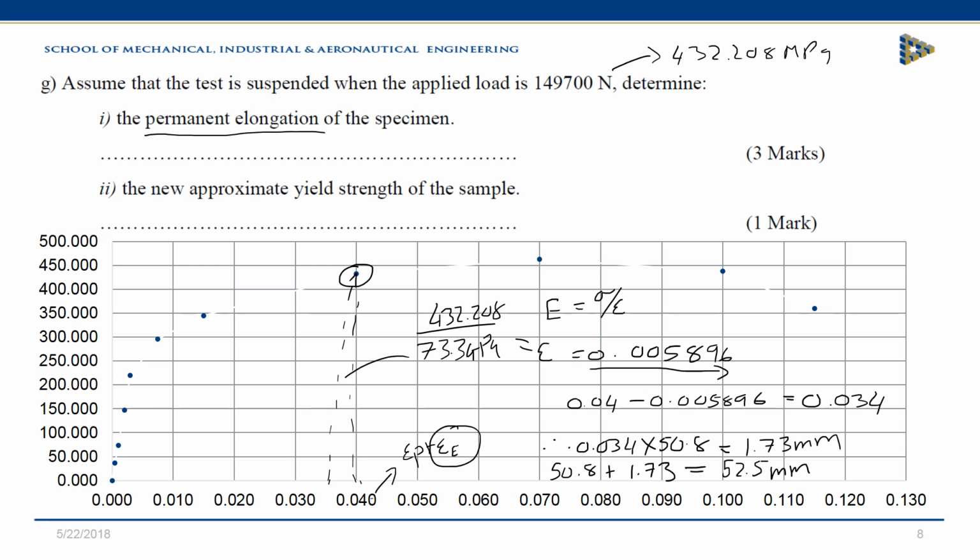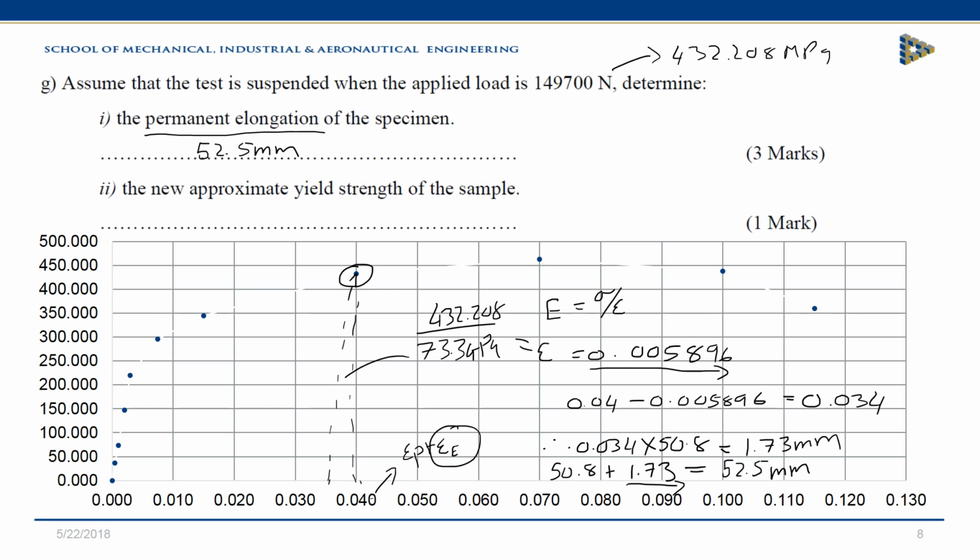So that is the length of my specimen if I remove the load. Permanent elongation. You notice it didn't ask me for the percent elongation, because the percent elongation would have been that 1.73 divided by the 50.8.